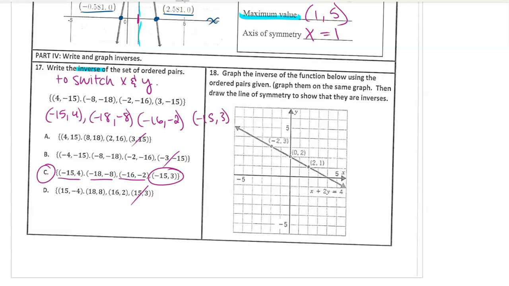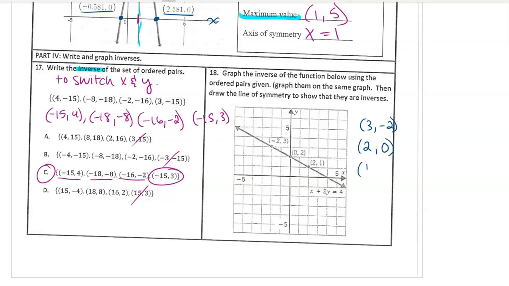All right. Number 18. Graph the inverse of the function below using the ordered pairs given. Then draw the line of symmetry to show that they are inverses. All right, so our three points are -2, 3. What's the inverse of that? 3, -2. And then 0, 2, the inverse of that is 2, 0.